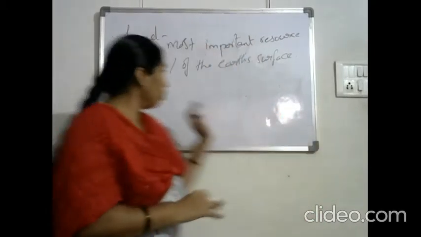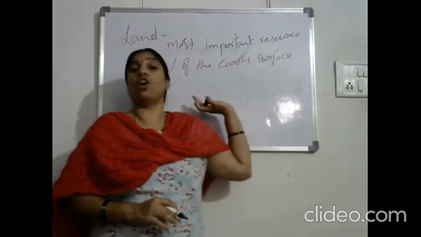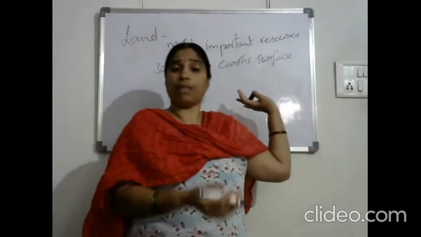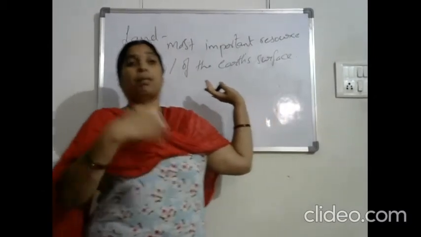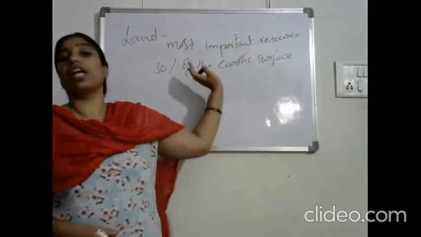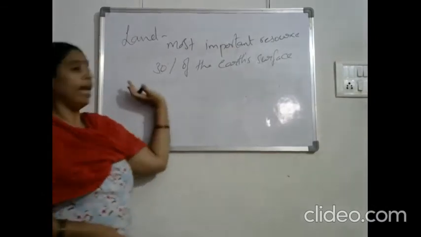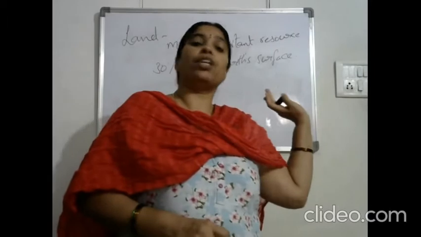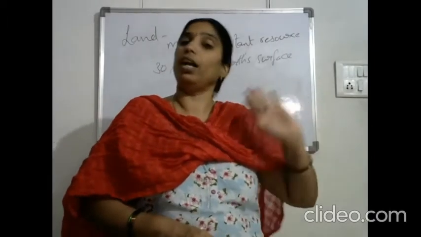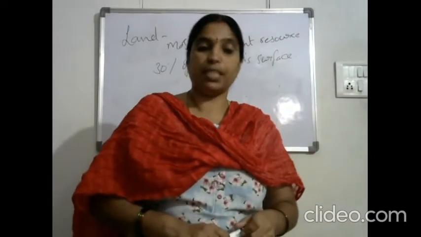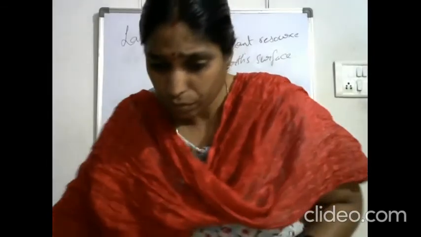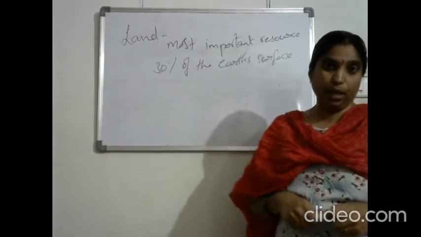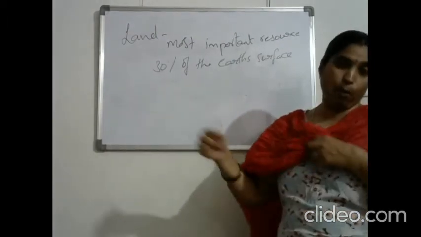Almost 90% of it is not habitable, because there are different types of landforms, like mountains and plateaus, where people cannot live. Only 10% is habitable. This leads to the uneven distribution of the population.